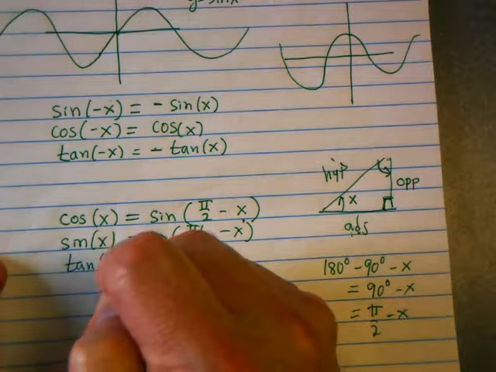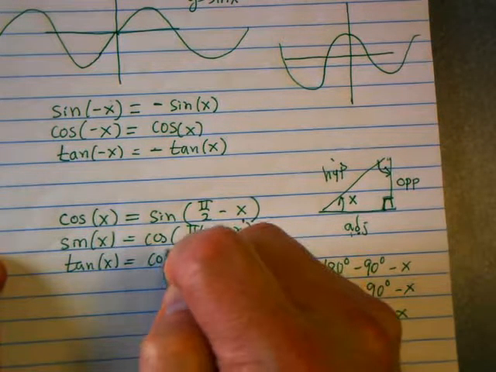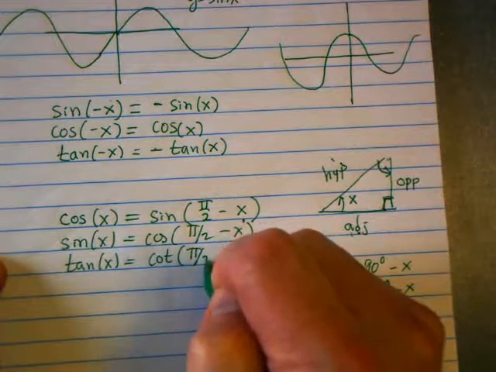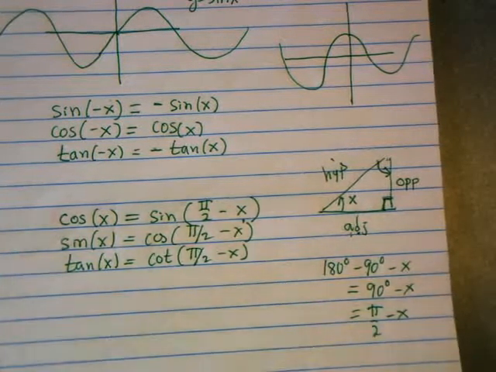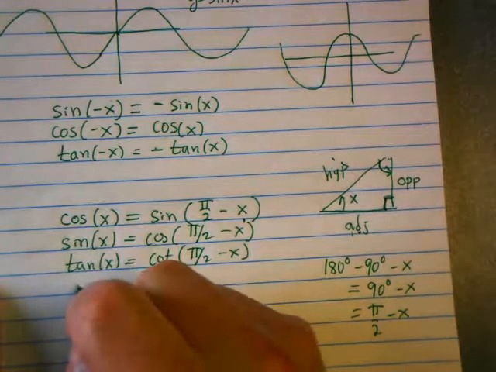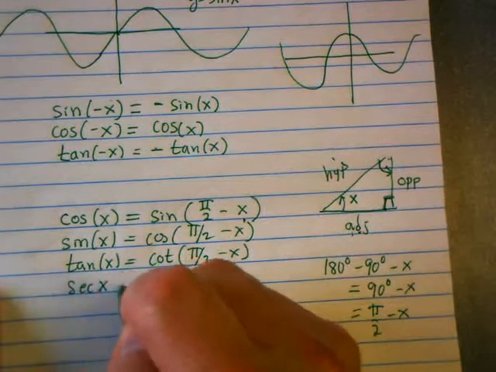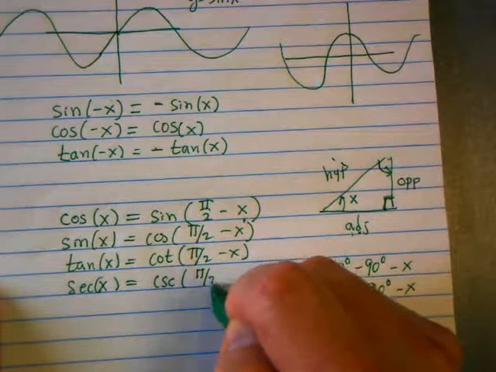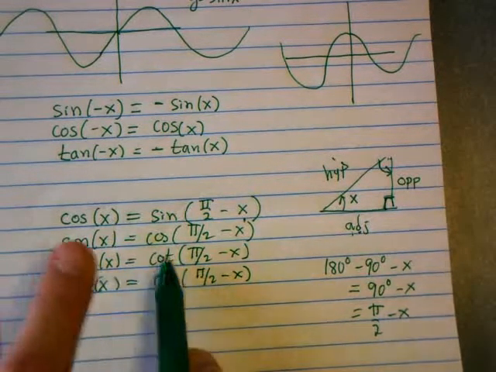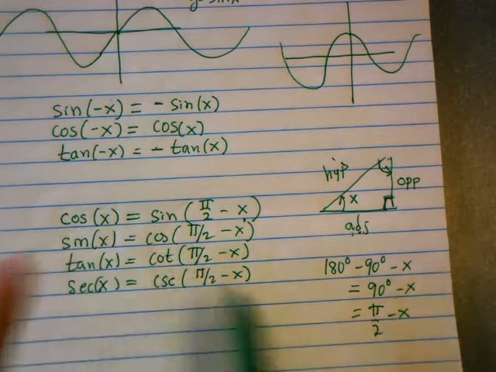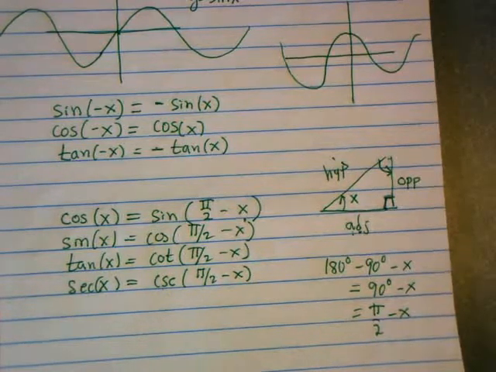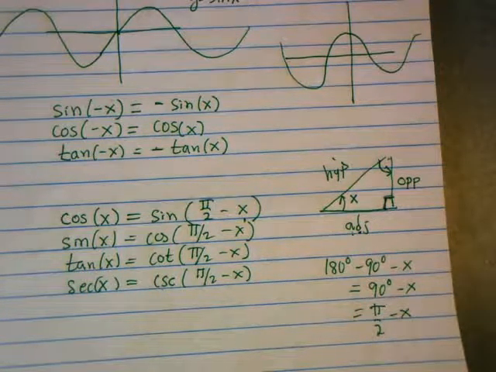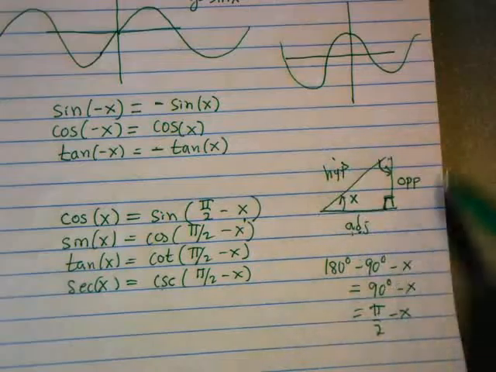Tangent of x is cotangent of pi over 2 minus x, and so on. Secant x is cosecant of pi over 2 minus x. I can switch the tangent and the cotangent, and the secant and the cosecant, and those all work. And it's really all because of this triangle.